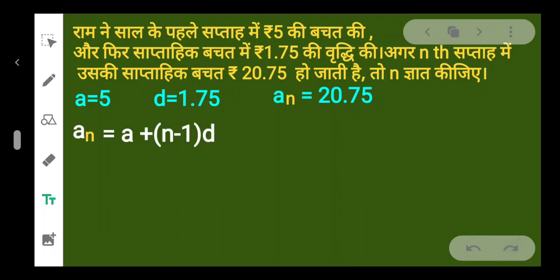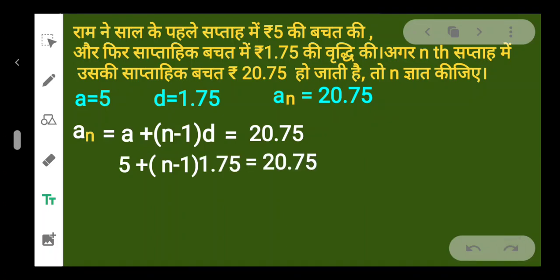And we have the formula AN is equal to A plus N minus 1 into D. Write this formula in every question, then we can easily memorize this. This is given 20.75. Substitute the value. A is equal to 5 and D is 1.75, equal to 20.75.